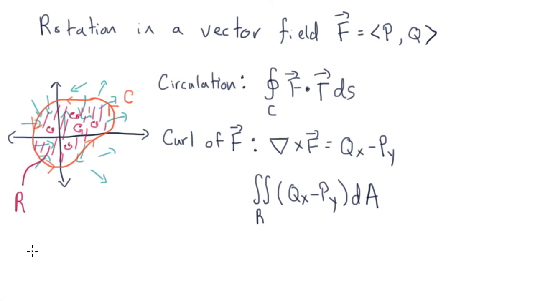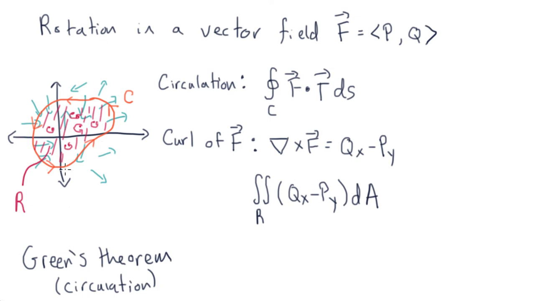So what Green's theorem says, and now this is Green's theorem, maybe you can say part 1, this is Green's theorem for circulation. And if you look in books, most of the time when they refer to Green's theorem, they're referring to this version of Green's theorem, the circulation version.